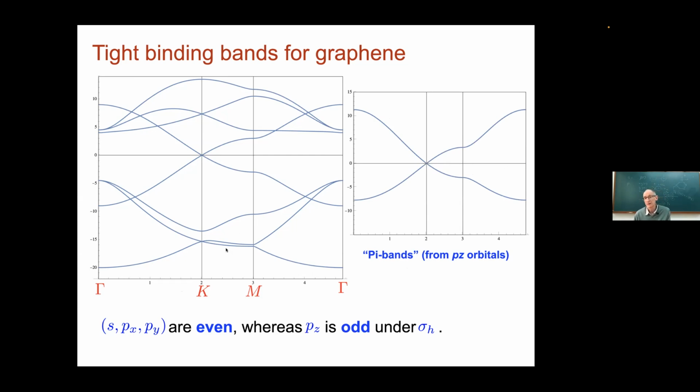And now I have these other bands, these are bonding bands, and these are anti-bonding bands. They are very important for the bonding of the atoms, okay? But they are not that important for transport phenomena because they are not very near the Fermi level, whereas the Fermi level gets very, very near to these two bands, which disperse linearly.